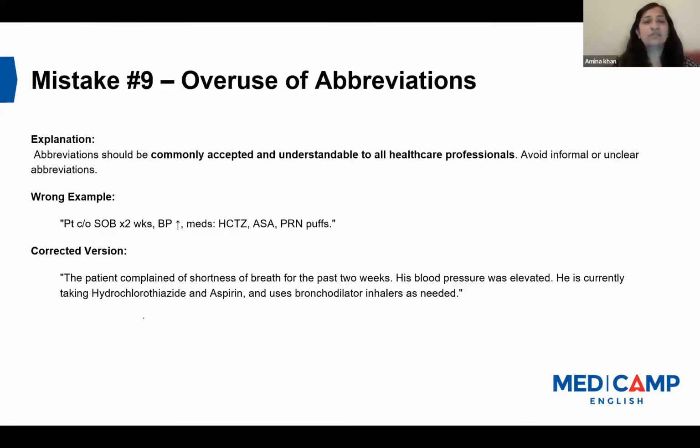But for the frequency of medications, like OD, BID, PRN, better to use them in full form for better clarity. If you feel your word count is getting affected a lot by that, in that case you can use them, but still try to avoid them as much as you can. Yeah, that was it.